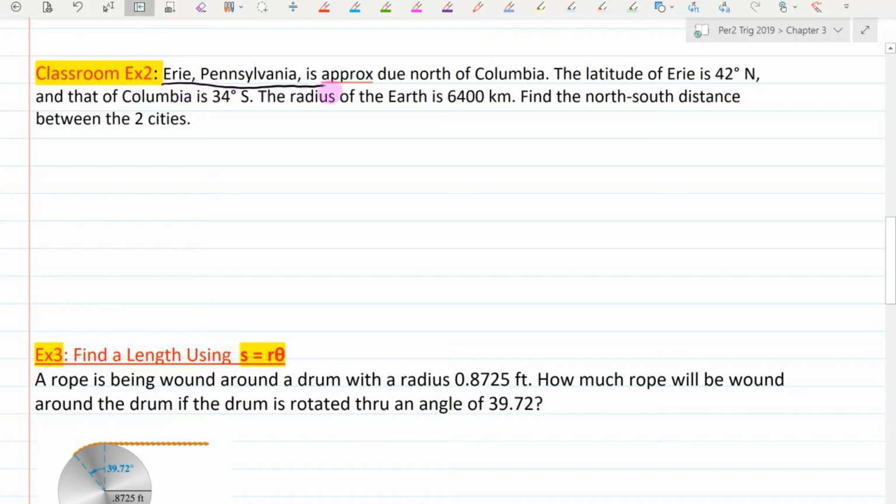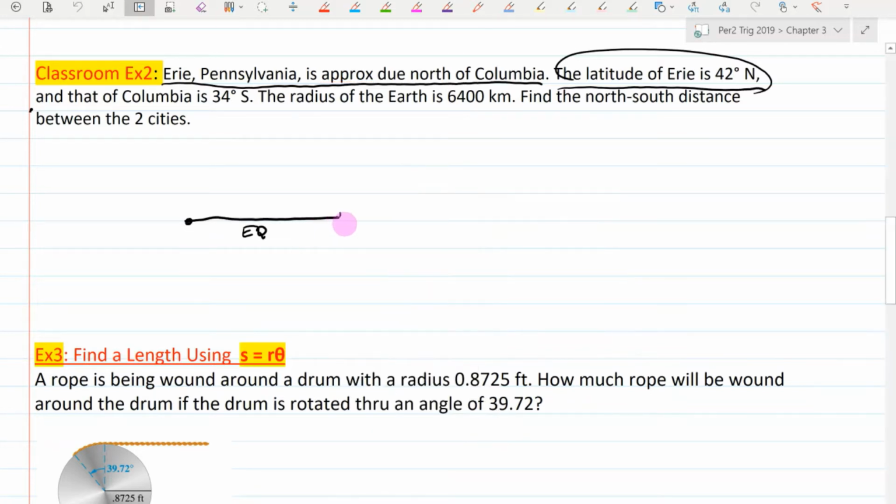Okay, Pennsylvania is north of Columbia. Nothing to draw yet. The latitude of Erie is 42 degrees north. I'm going to go ahead and draw that. This is the equator.